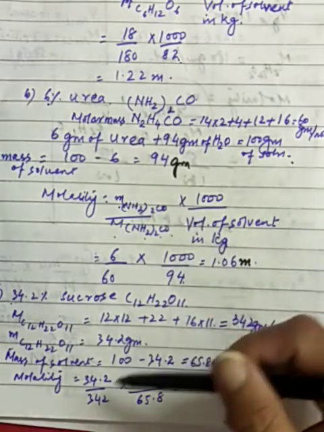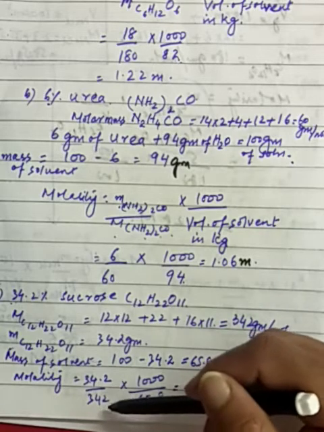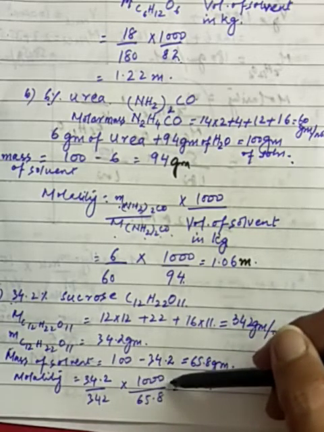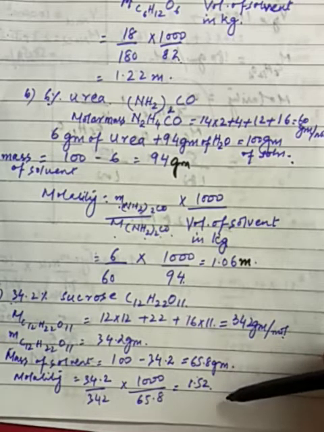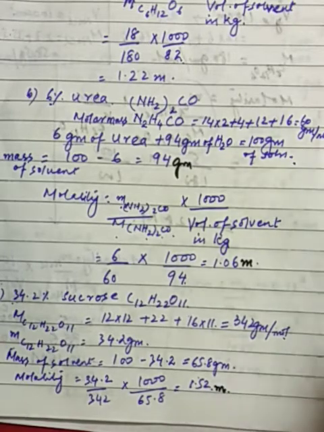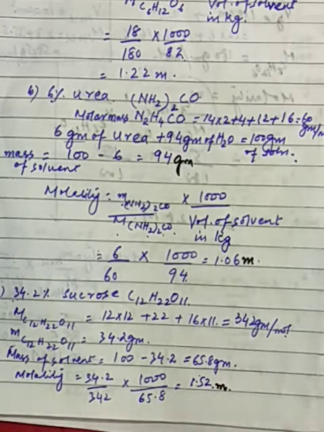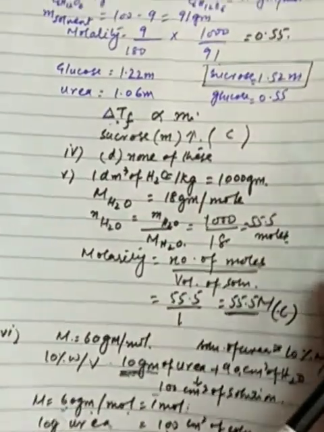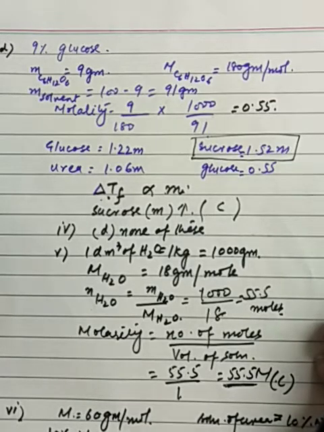By using the above formula, we calculate the molality. 34.2 divided by 342 multiplied by 1000 over 65.8, it will be equal to 1.52 molal. Now option D is 9% glucose.